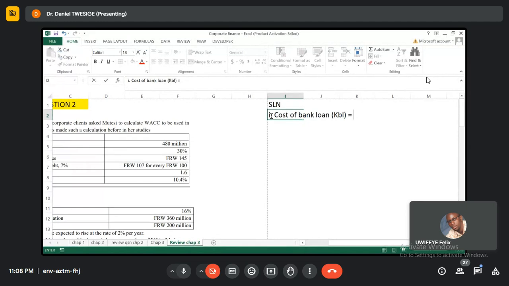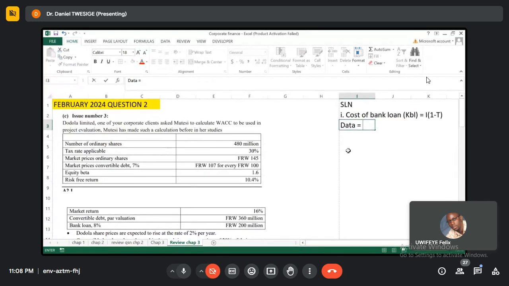How do I get it? We already know the formula. It is I into 1 minus T. So do I have the data to feed my formula? That's the first important thing to look at in the question. Do I have the relevant data to feed my formula?